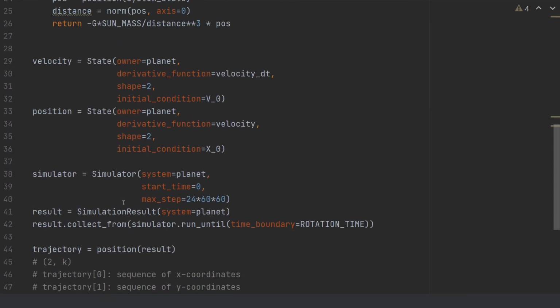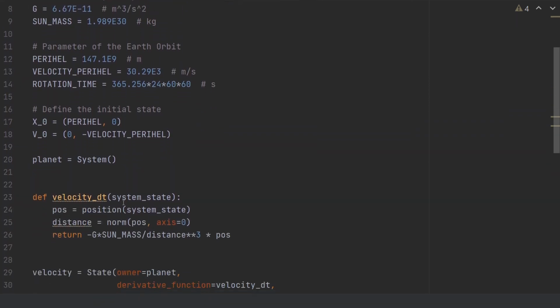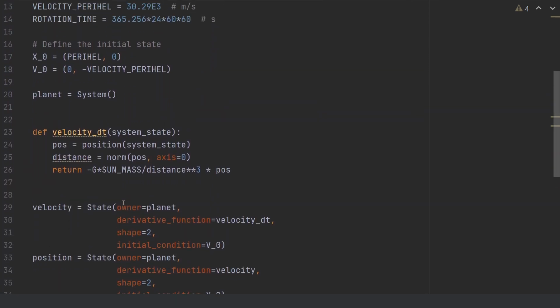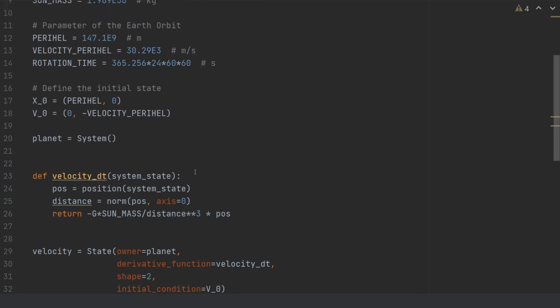So that's it for multiple dimensions and states. A similar thing is possible with signals.